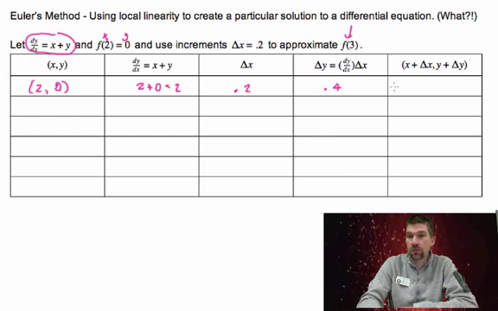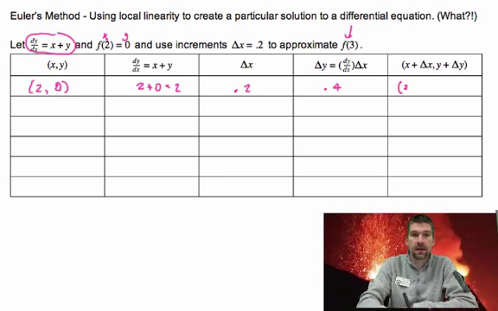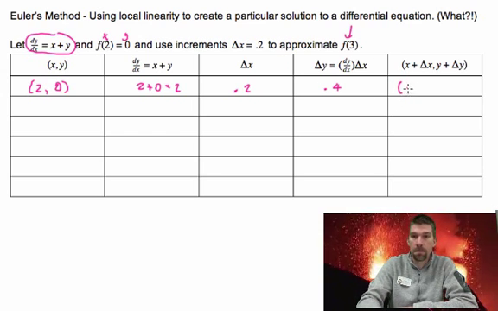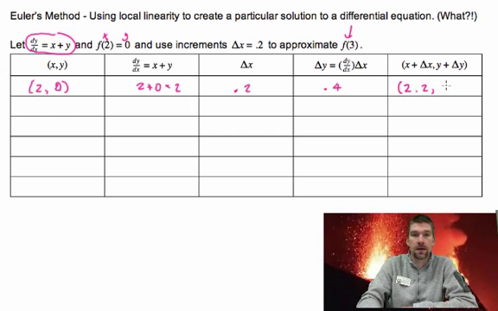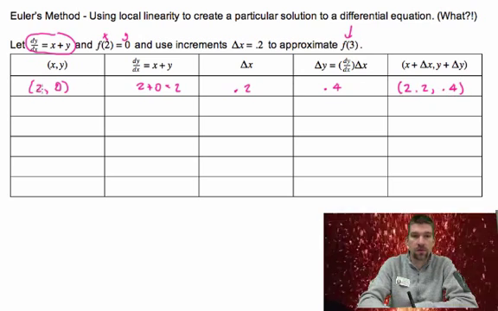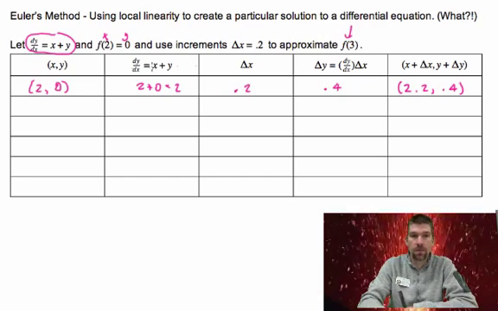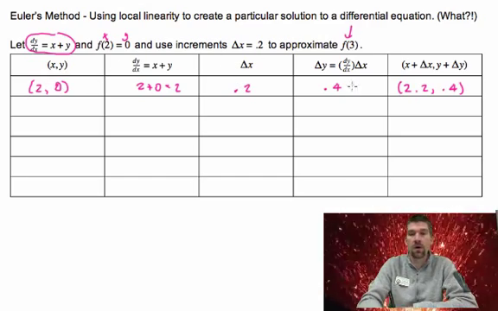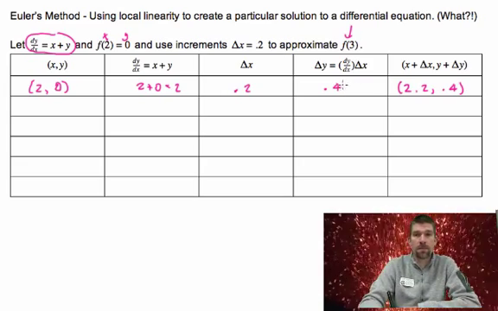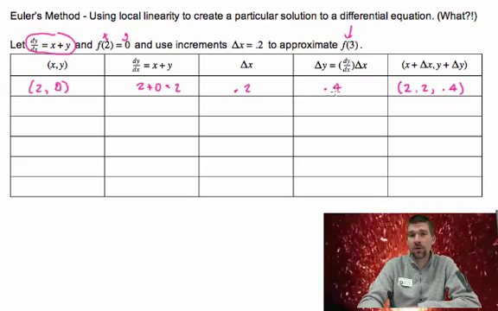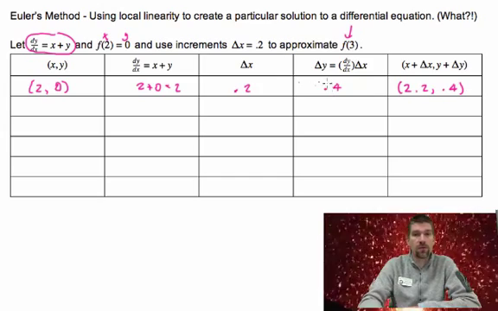Delta x was 0.2, so that gives me a new x coordinate of 2.2 and a y coordinate of 0.4. All I did was take my x coordinate of 2 plus 0.2 and my y coordinate of 0 plus 0.4. And we're going to fill the chart in this way, and we're going to get to a really good approximation of what's going on when x is 3.